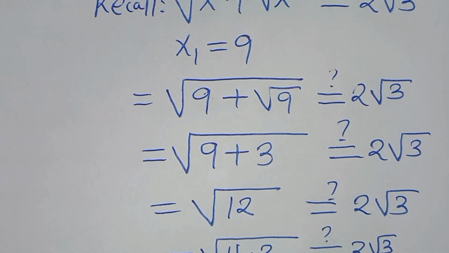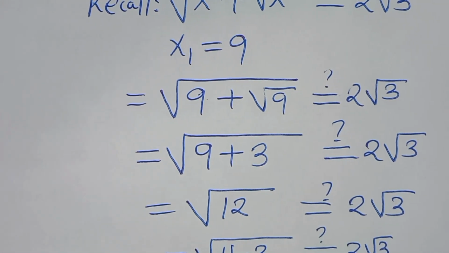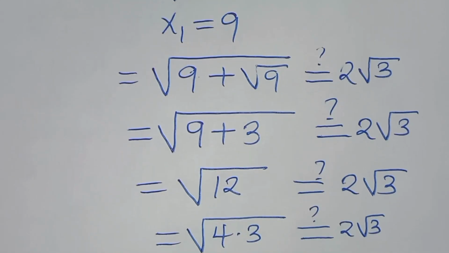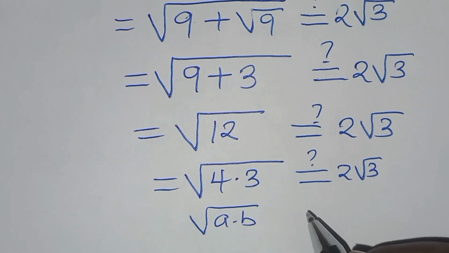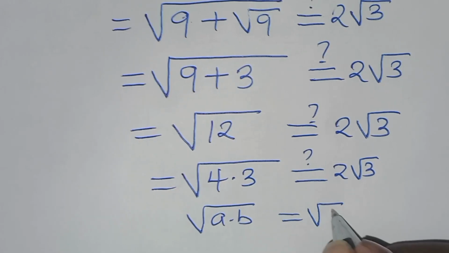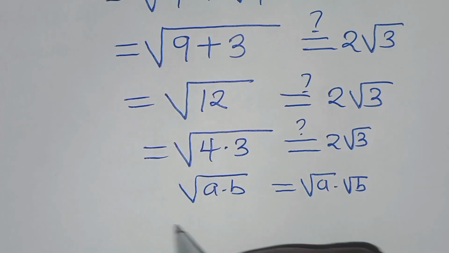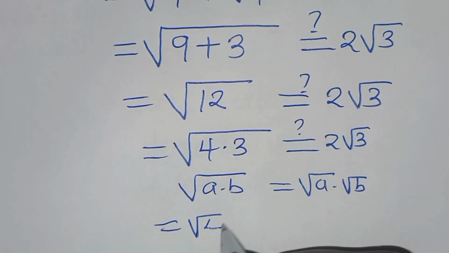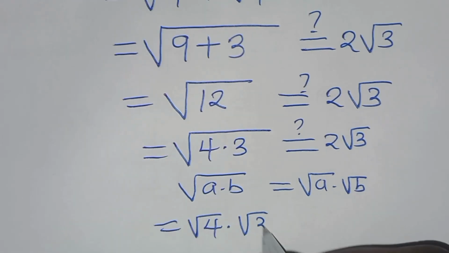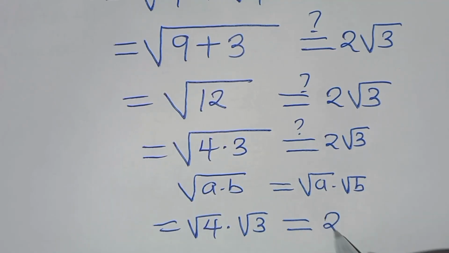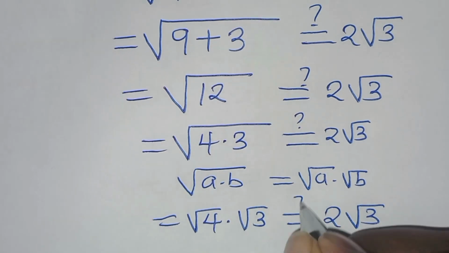Remember, square root of 4 times 3 is in the form of square root of a times b, which we can express as square root of a times square root of b. So in this case, here we have square root of 4 times square root of 3. This is equal to 2 square root of 3.